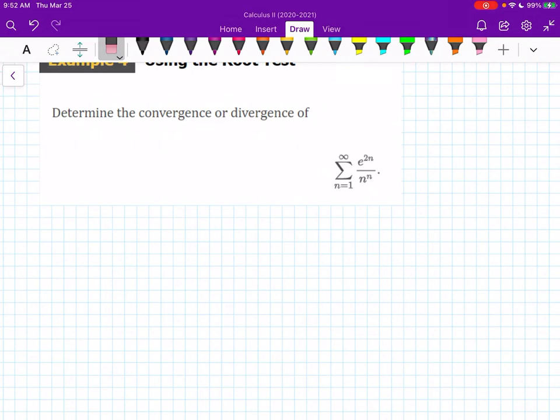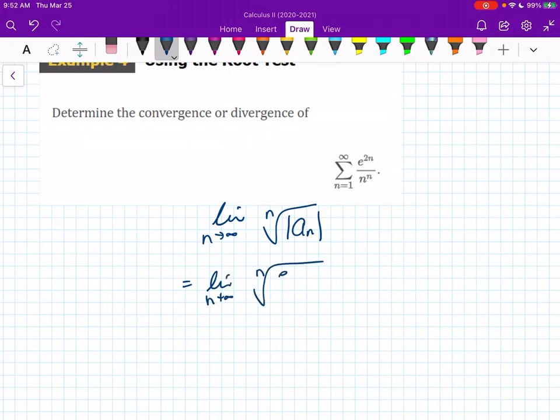So for this one, I want the limit as n goes to infinity of the nth root of the absolute value of a sub n. So that is going to be the limit as n goes to infinity of the nth root of e to the 2n over n to the n, which is going to be the limit as n goes to infinity of e squared over n.